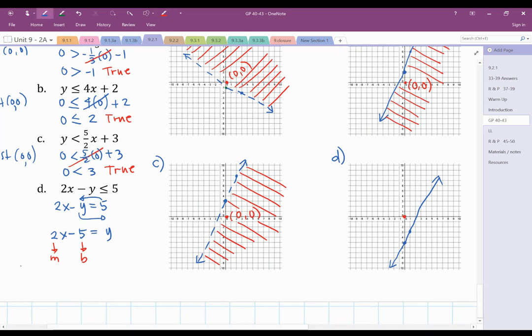So test 0, 0. That will be 2 times 0 minus 0 is less than or equal to 5. Okay. So 2 times 0 is 0. Is 0 less than 5? Yeah, true again.